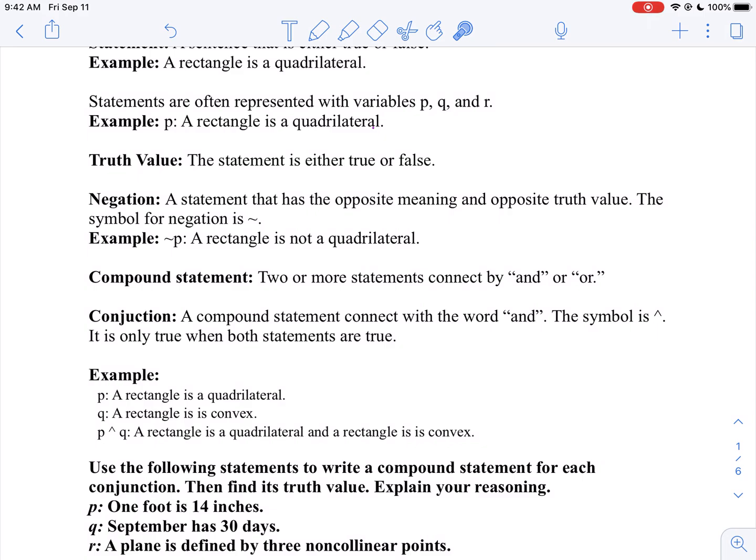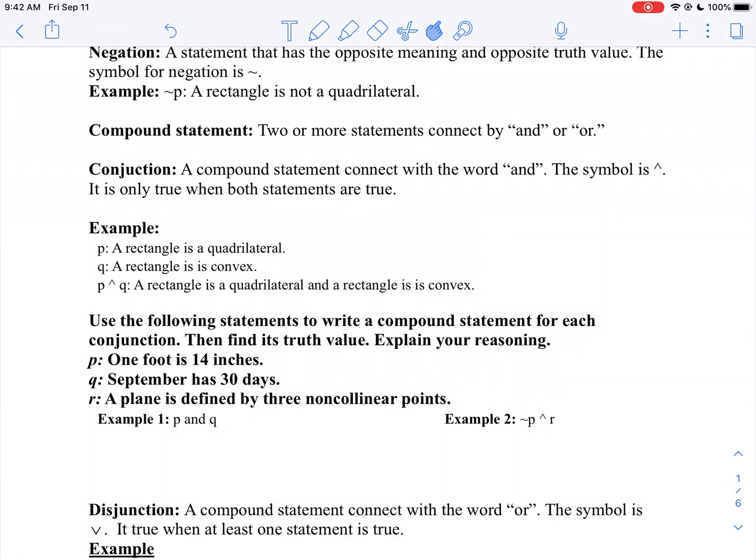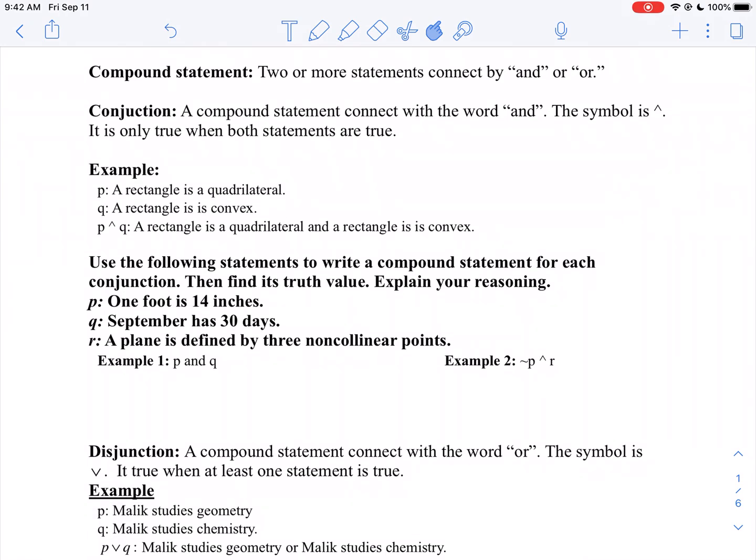So if we take a look at an example here, statement P is a rectangle is a quadrilateral. Statement Q, a rectangle is convex. So as a compound statement, we'd say a rectangle is a quadrilateral and it is convex.